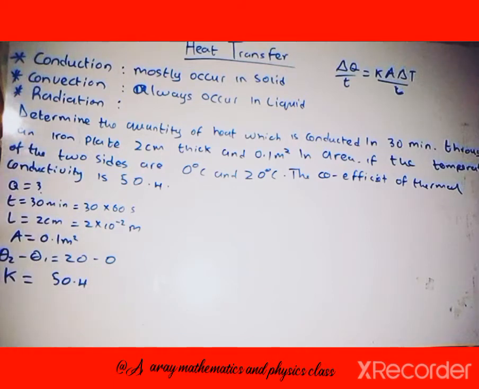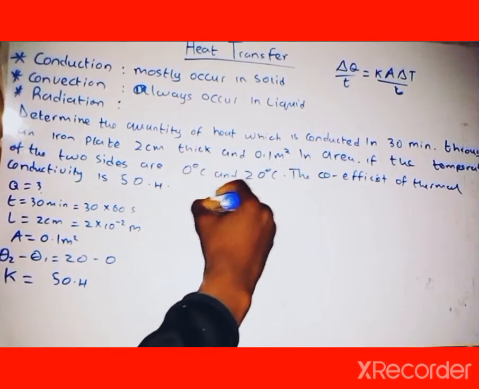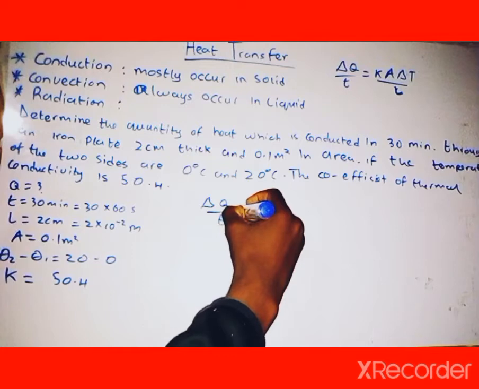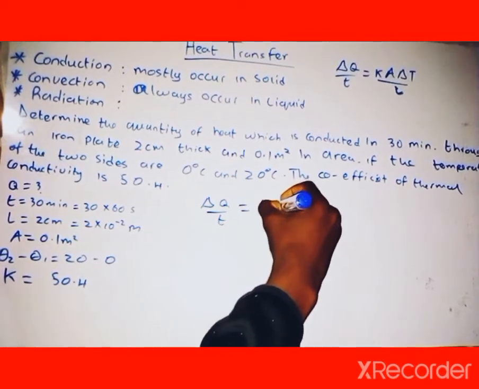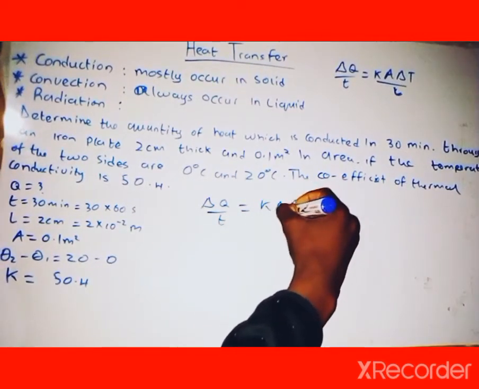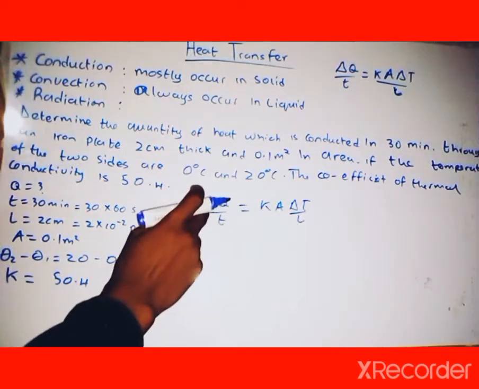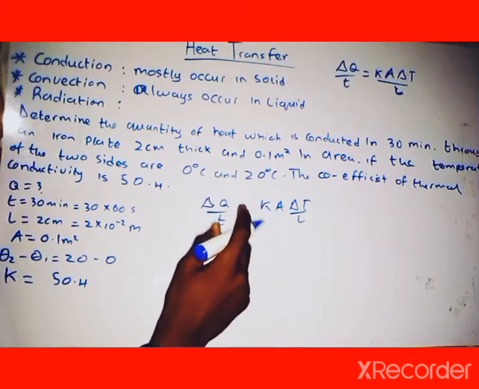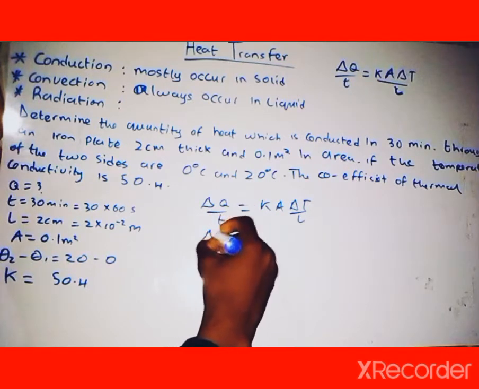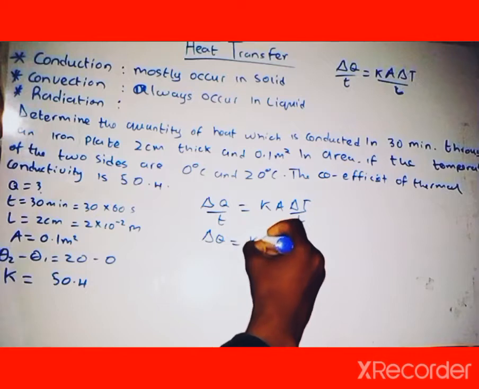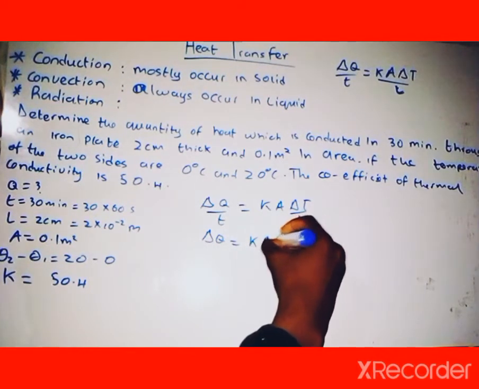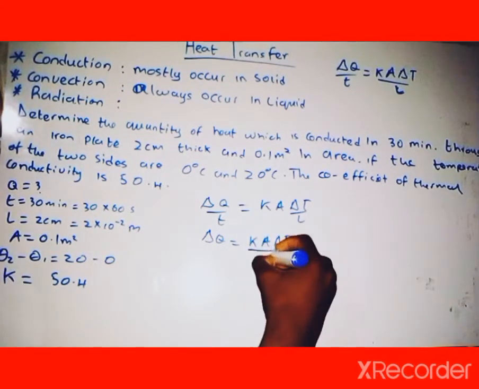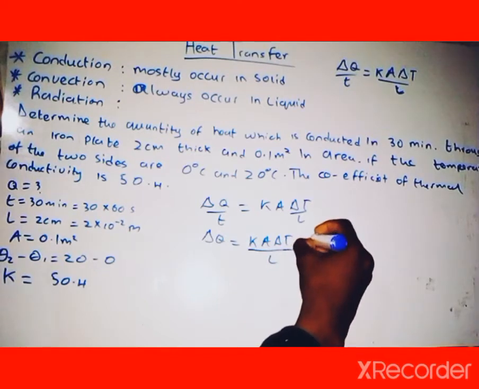So I'm asked to find Q. The formula is change in Q over T equals K A change in T over L. Since we are looking for change in Q only, we cross multiply, so change in Q will be K A change in T times T over L.